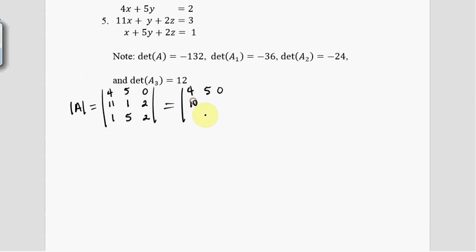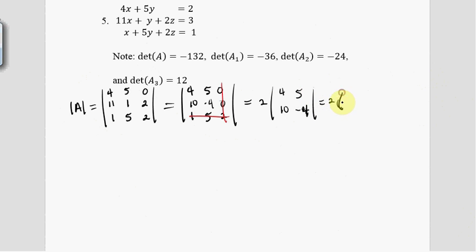So this is a 10, negative 4, 0, 1, 5, and 2. So this becomes 2 times, expanding this way, the determinant of the submatrix 4, 5, 10, and negative 4.